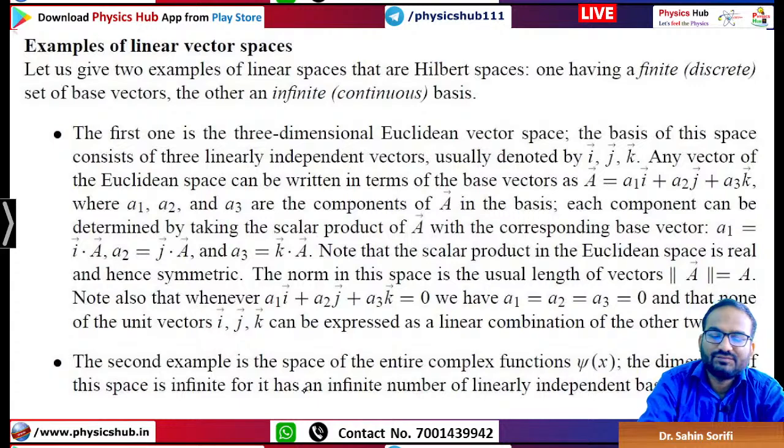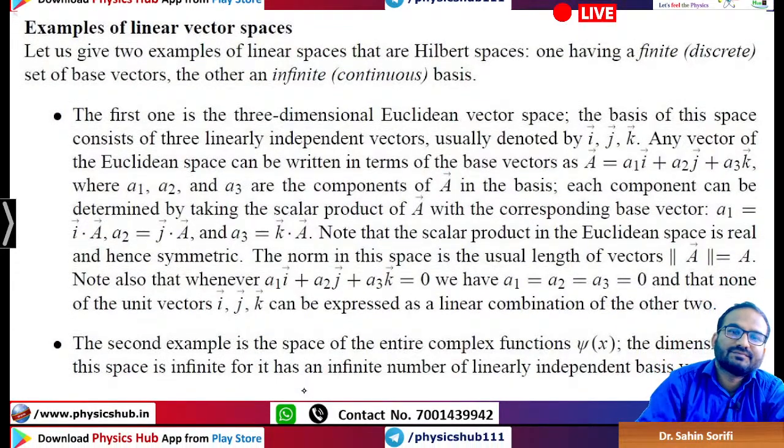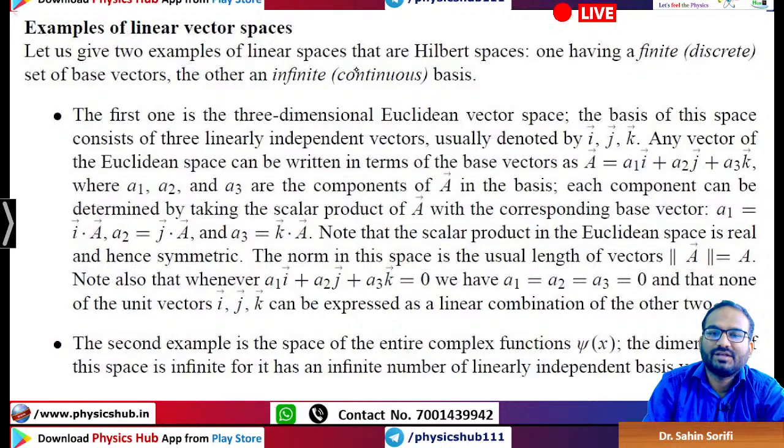Now, some examples of linear vector space. We are giving here two linear spaces that are Hilbert spaces, one having a finite or discrete set of base vectors. That example of Euclidean vector space we have already been giving from the very beginning.